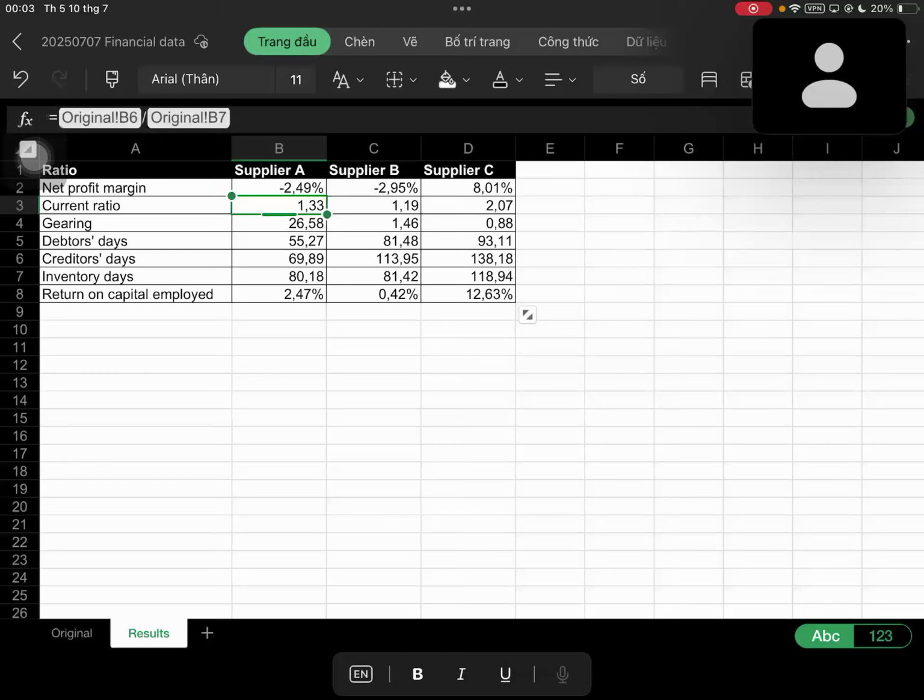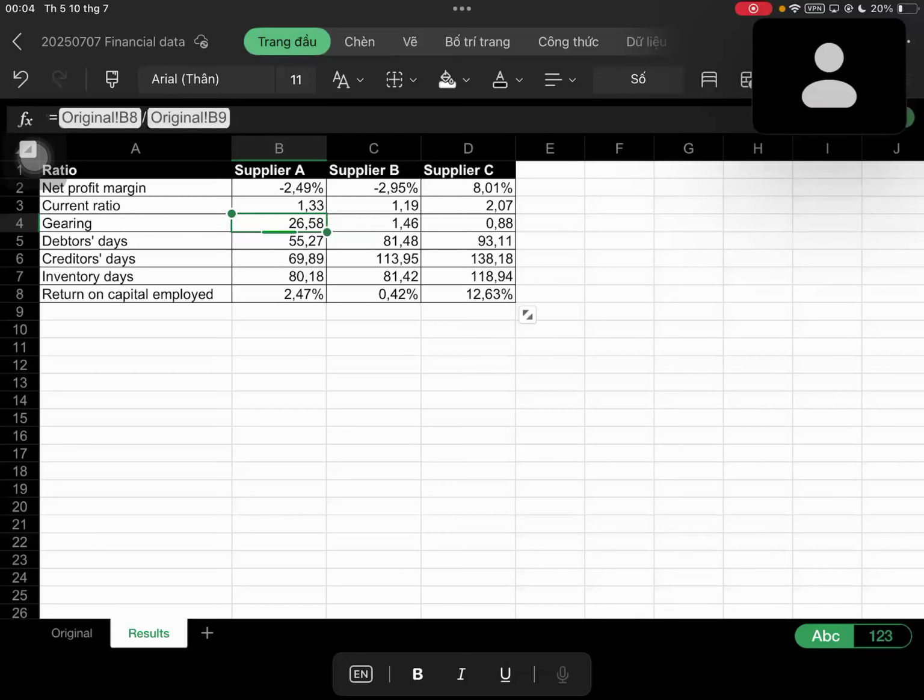With gearing, we take the total liability divided by the equity. I'm sorry, I forgot to include this as a percentage. You can see that supplier A has pretty high gearing. They have debt as much as 26 times their equity.